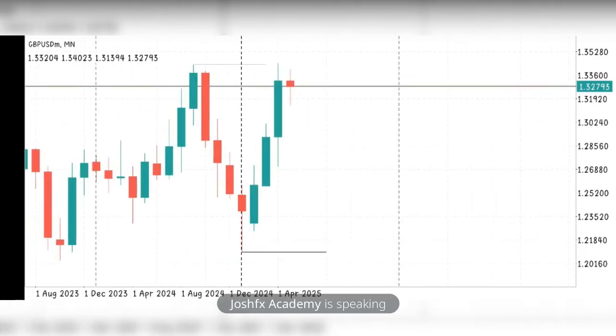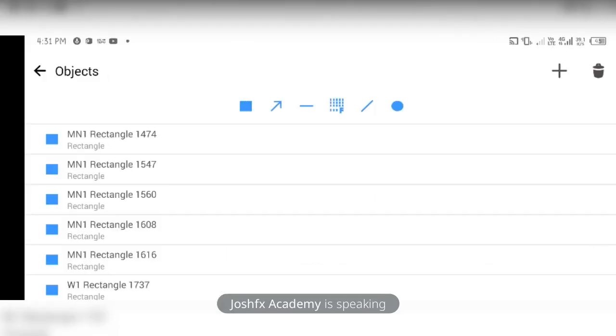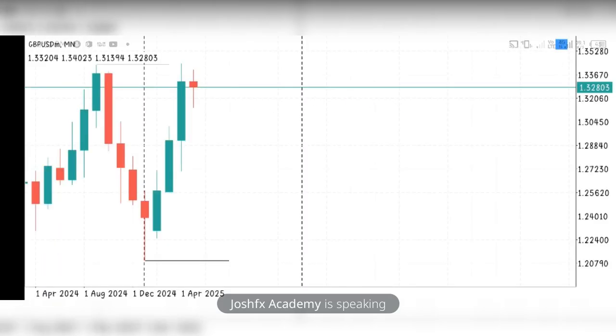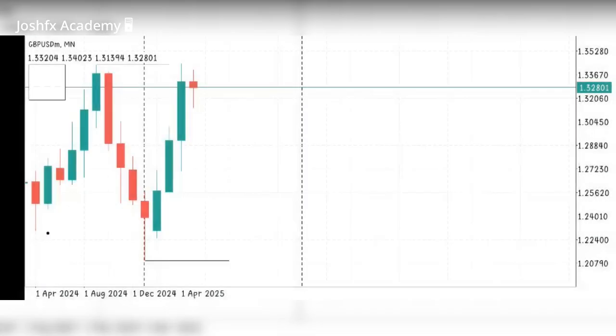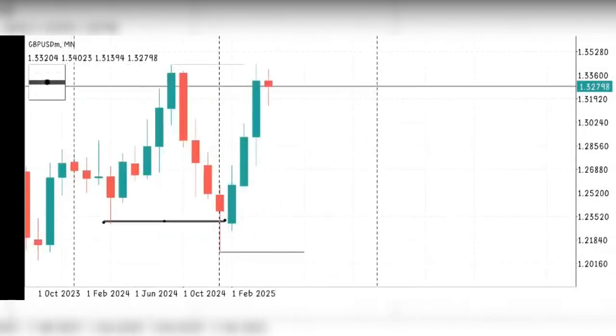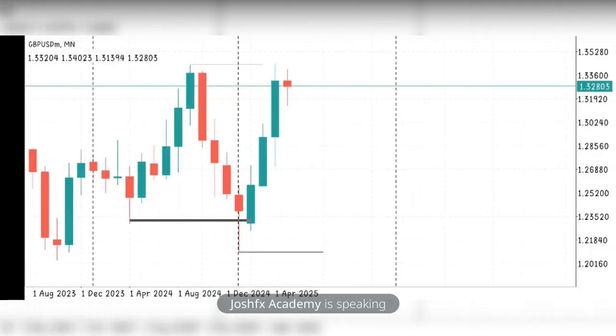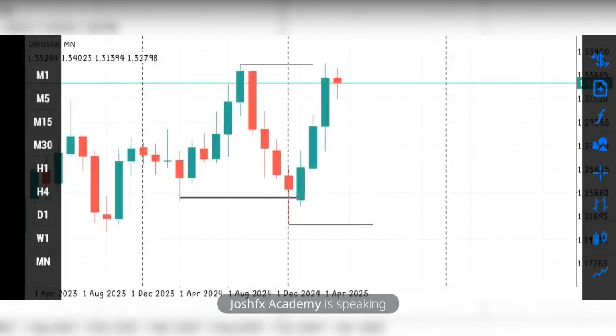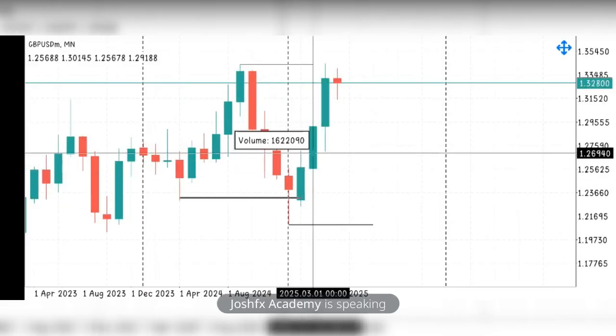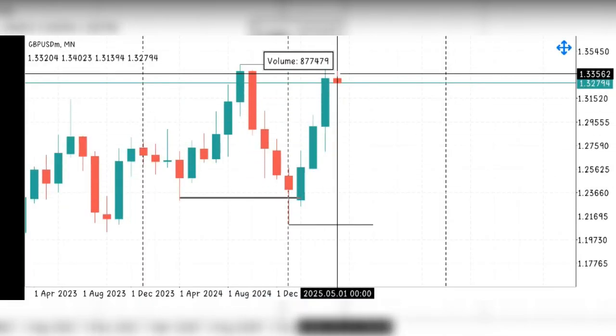And when you check very well, we had a clear break of structure. Sorry, an external range that was raided. External range was raided.